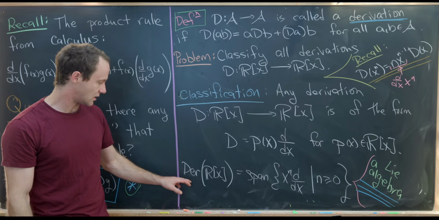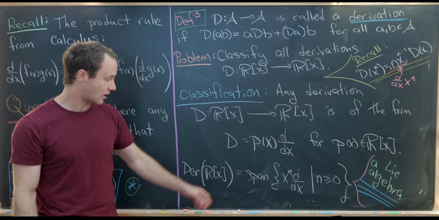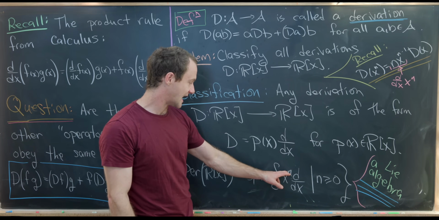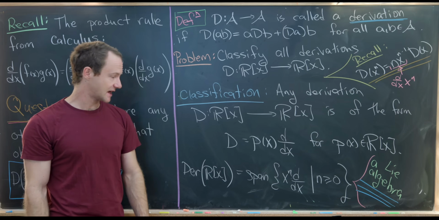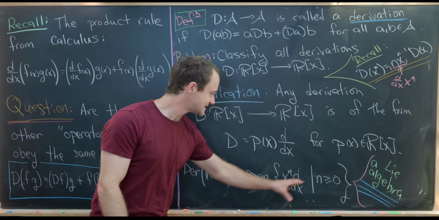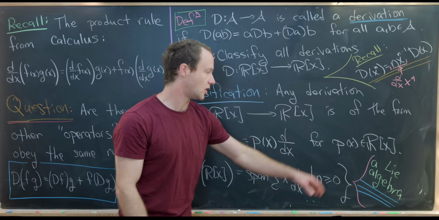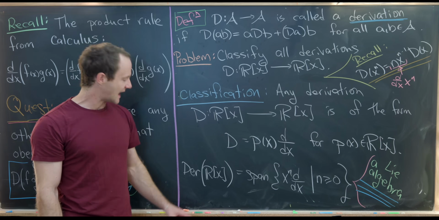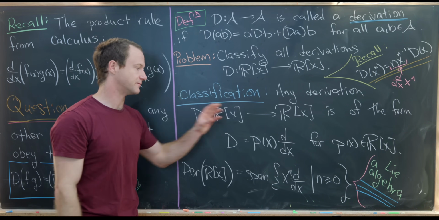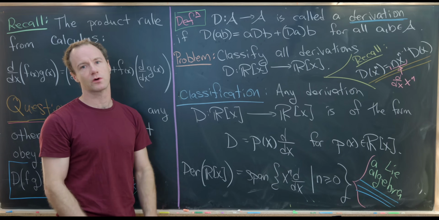And that object is called the space of derivations on R adjoin x. And it has a standard basis. That'll be x to the n times d by dx for all n bigger than or equal to 0. And I want to point out that this has a structure all its own called a Lie algebra. And actually, this notion of derivations of an associative algebra being a Lie algebra is a very important notion.